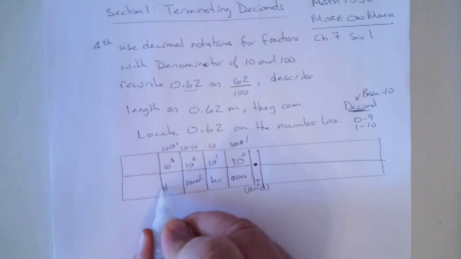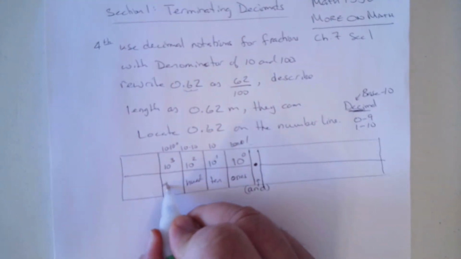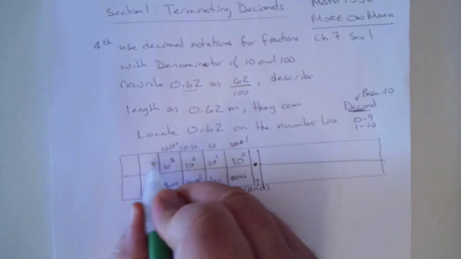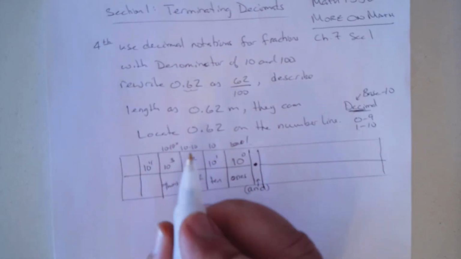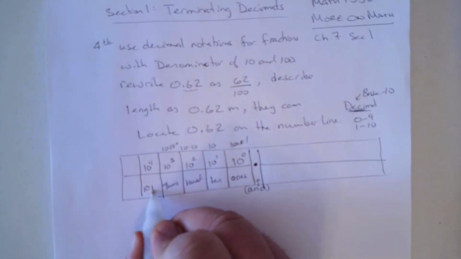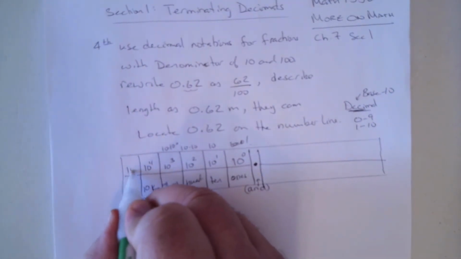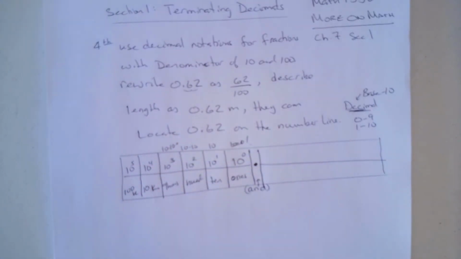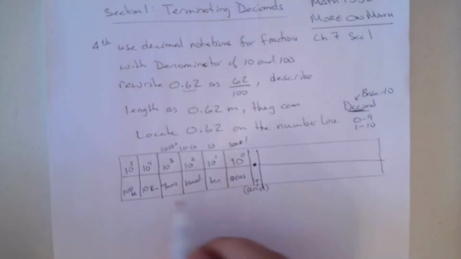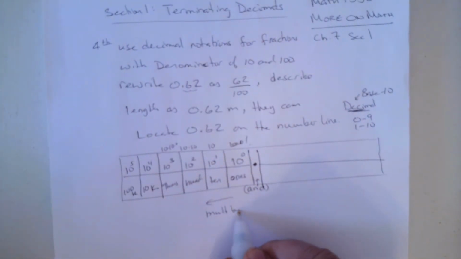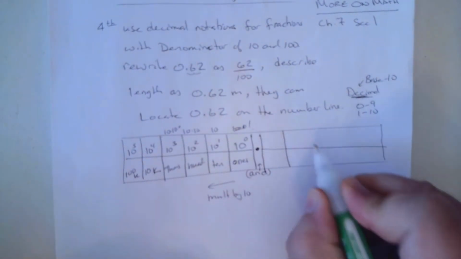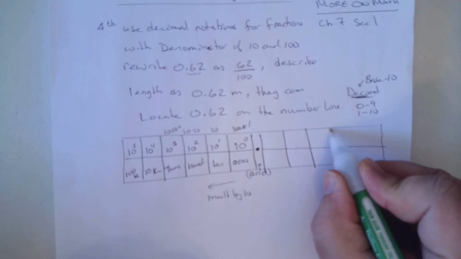That's the tens, hundreds, thousands, and so on and so forth. The next one will be 10 to the fourth, which is 10,000. 10 to the fifth would be 100,000. That's to the left. We know we're multiplying by 10 each step. It's just the opposite when we go to the right.